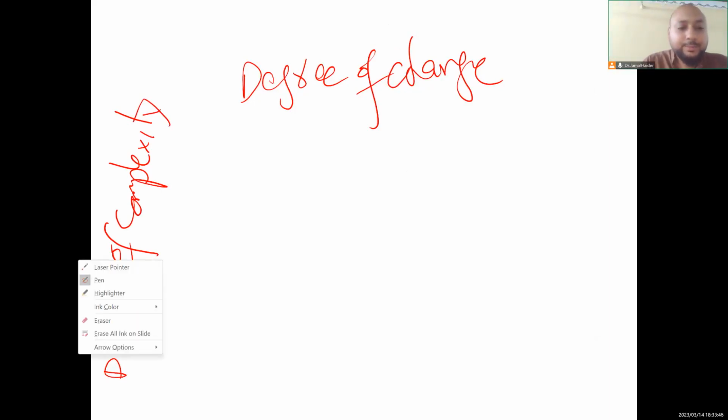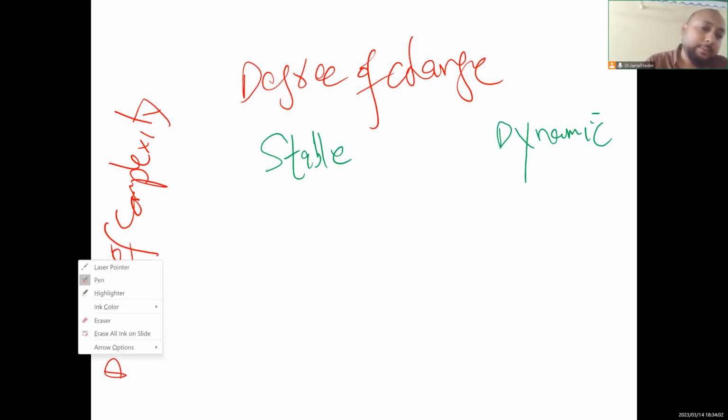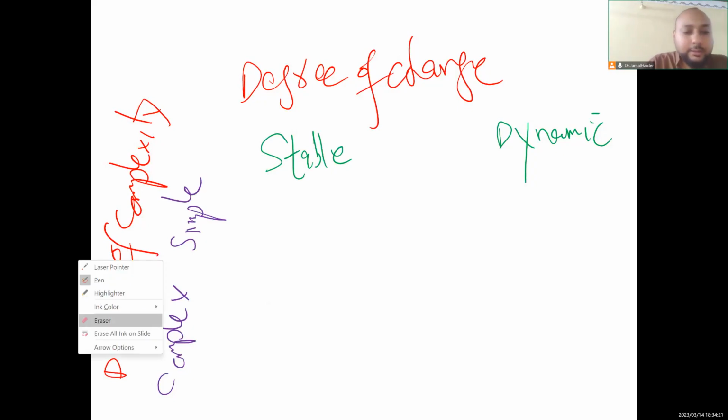So degree of change, what we have learned, is either stable or dynamic. And then we have learned for complexity, either complex or simple, right? So you can make the coordinates easily, just divide it here.